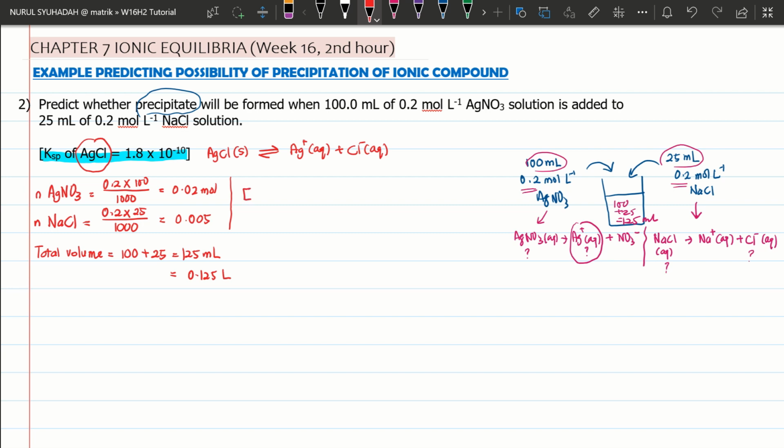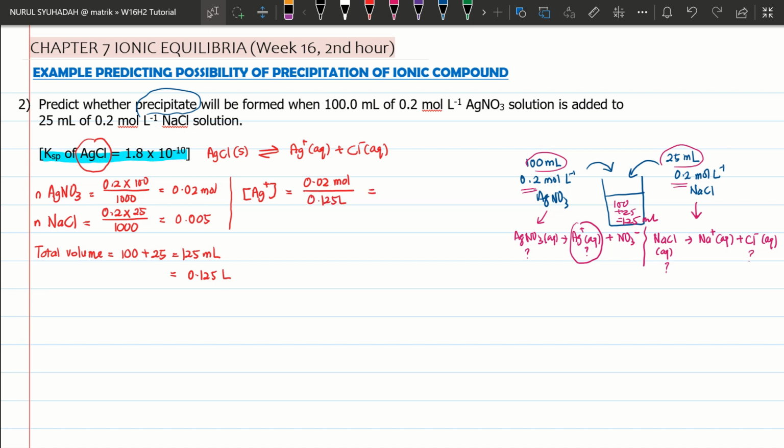So, with this piece of information, kita akan cari berapa concentration of Ag+. Okay, so concentration of Ag+ yang datang je daripada AgNO3 dekat sini. Jadi number of mole tadi adalah 0.02 mole bagi dengan kita punya volume 0.125 liter.